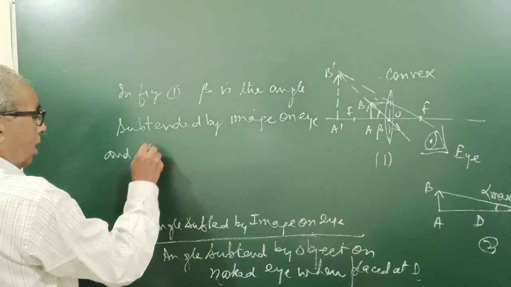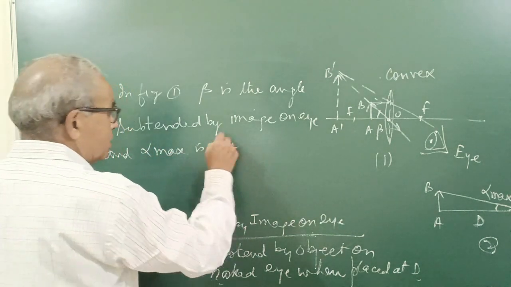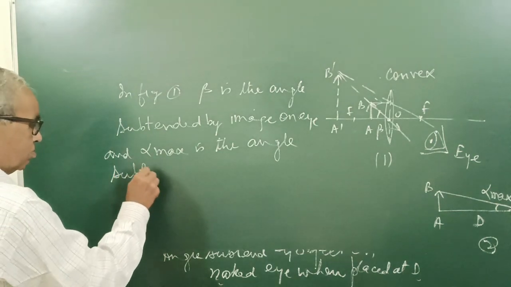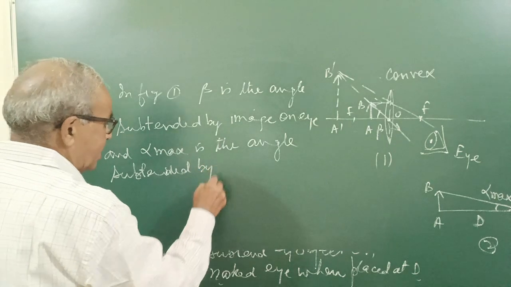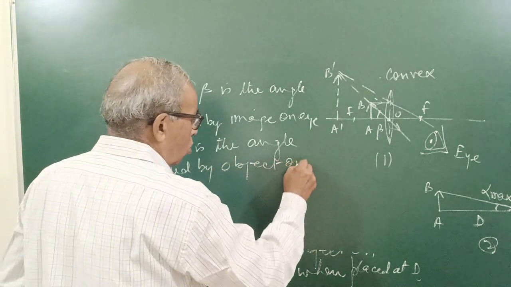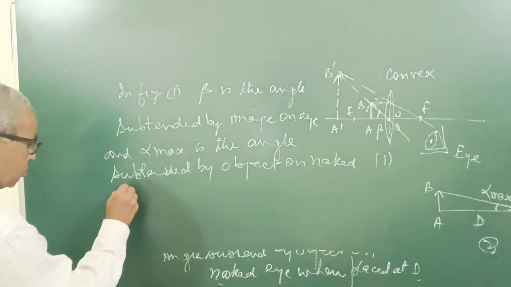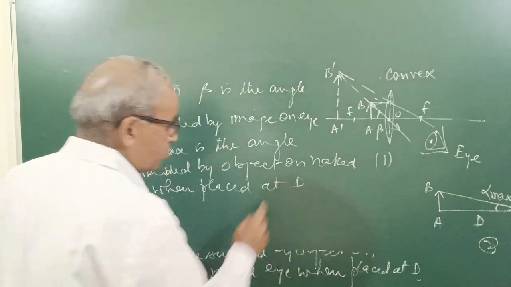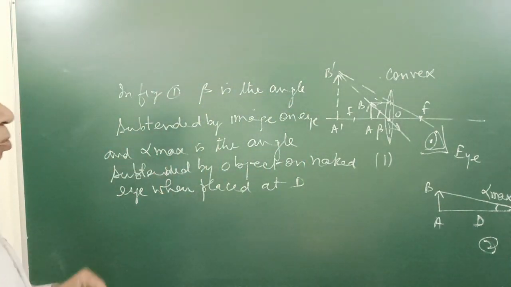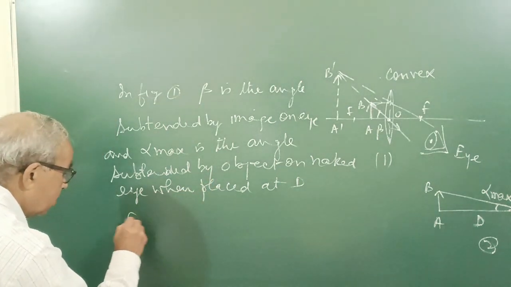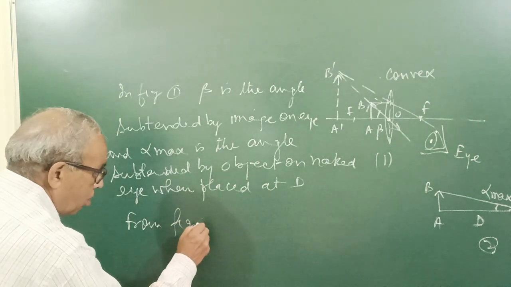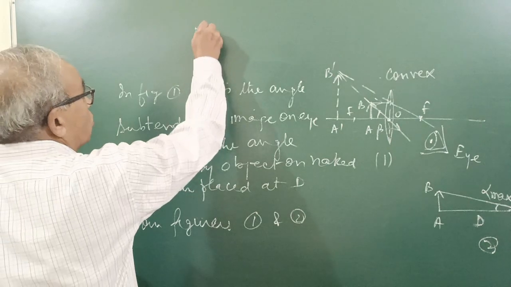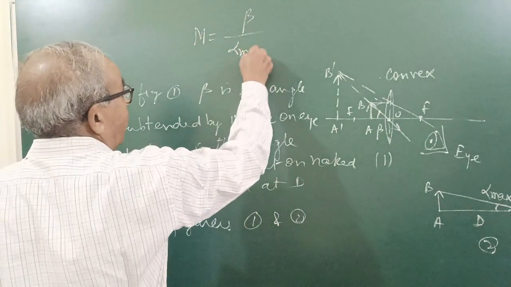And alpha maximum is the angle subtended by the object on the naked eye when placed at D. Therefore, from figures 1 and 2, M is equal to beta upon alpha maximum.